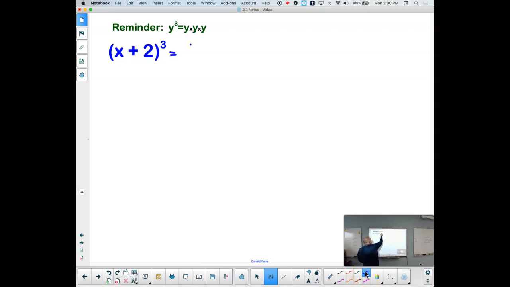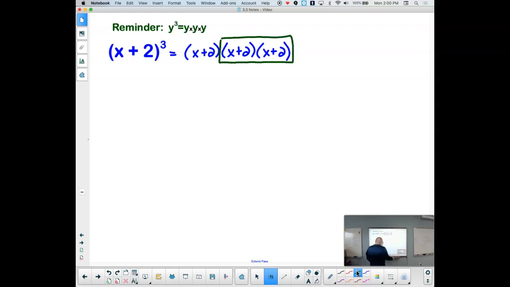So this is x plus 2 times x plus 2 times x plus 2. If I take 2 of those x plus 2s and multiply them together, that would give me x squared plus 2x on that one, and 2x plus 4 on the other one, which gives me x squared plus 4x plus 4.